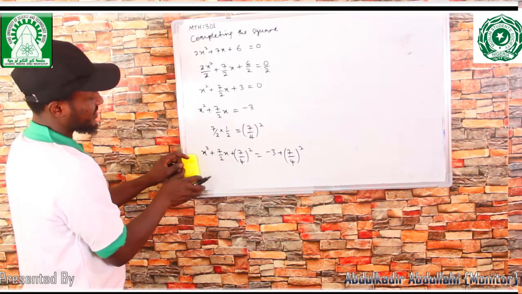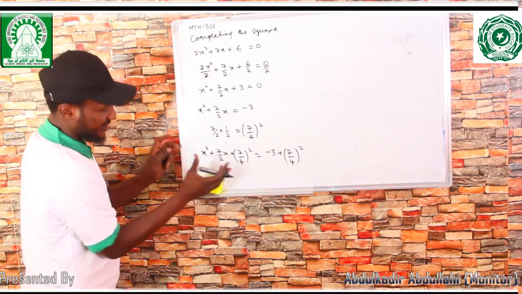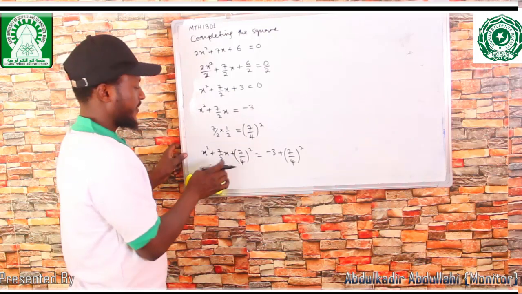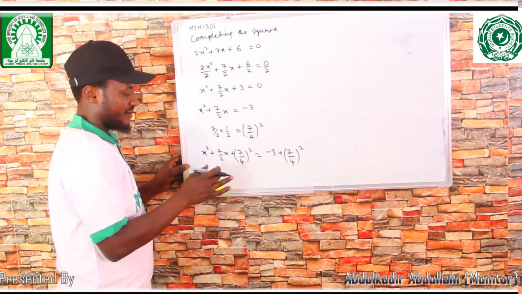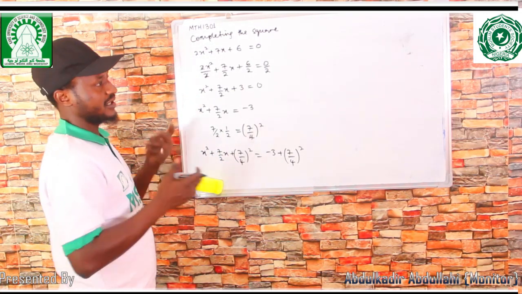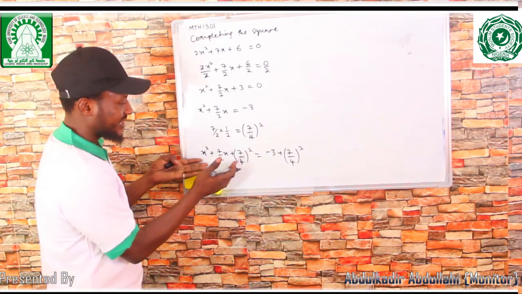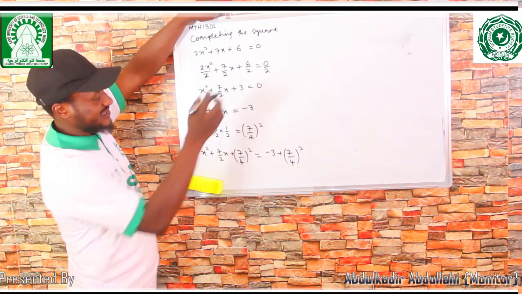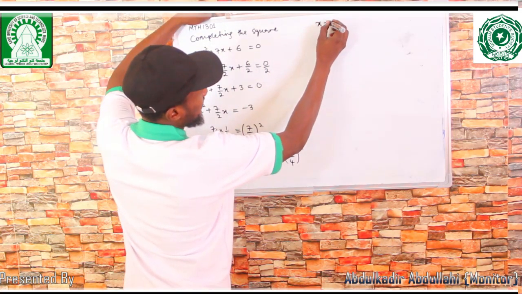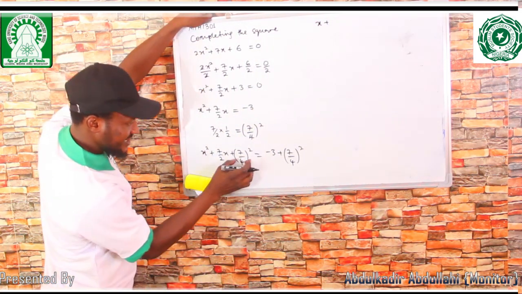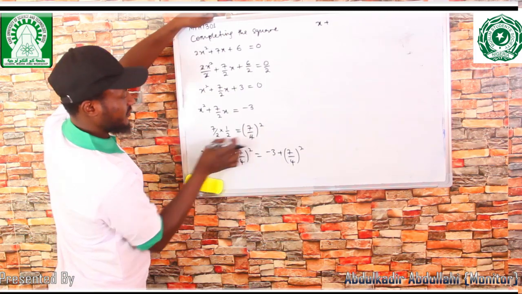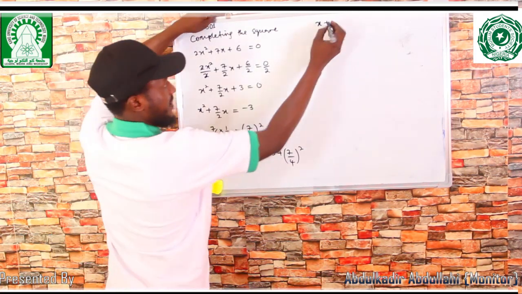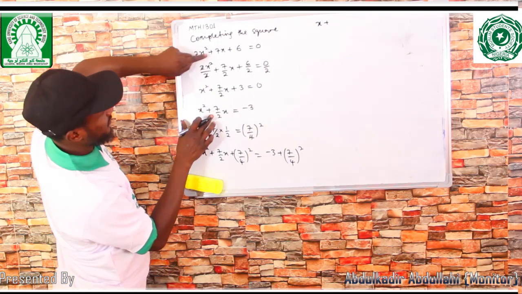The next step is to factorize the left hand side, which is very simple. You take x plus whatever you got when you multiplied by 1 over 2, keeping the same sign, plus or minus.